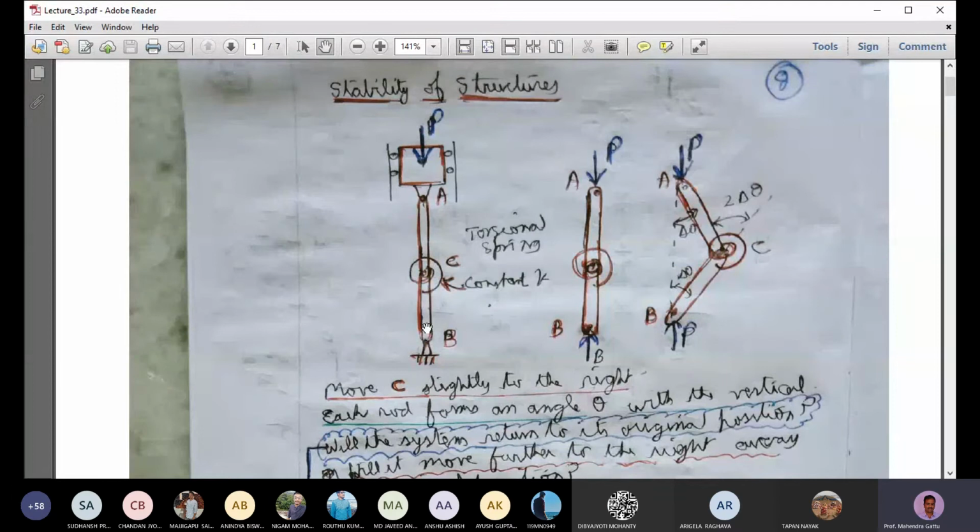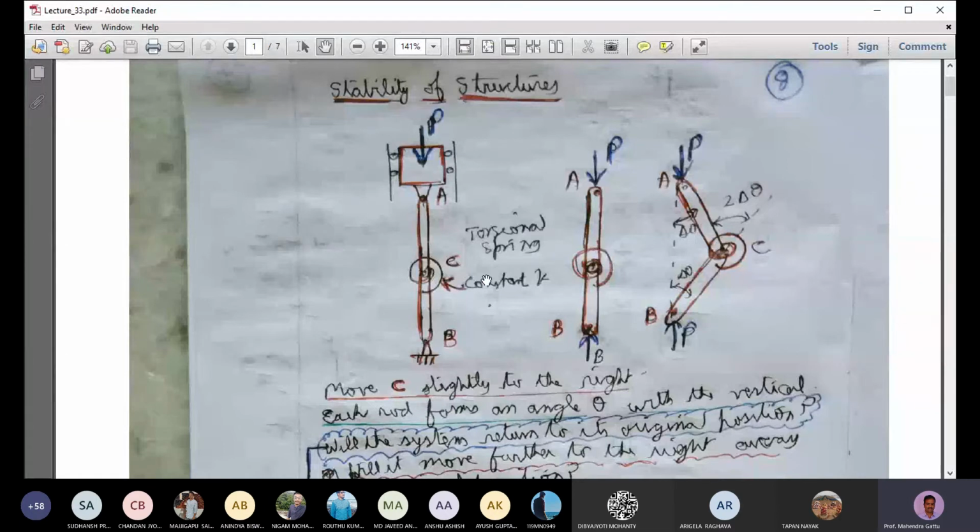However, during the loading process, sometimes C can move a little to the right or to the left if the load is not applied perfectly. Let's assume that point C moves slightly to the right under the applied load P. The question we want to ask is whether the column will come back to its original straight position, or will it continue to move to the right?